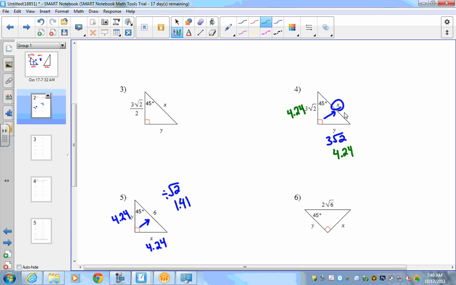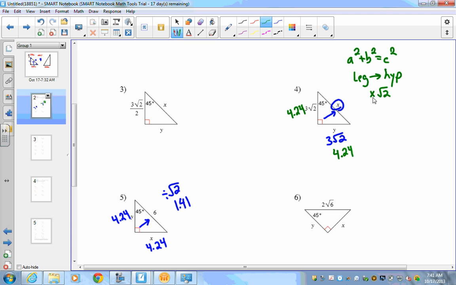Now I need to know what my hypotenuse is. Once again, you can use the Pythagorean theorem if you want to: a squared plus b squared equals c squared. You can do that, but let's just go off the rule. If I'm going from a leg to the hypotenuse, I would multiply by radical 2.